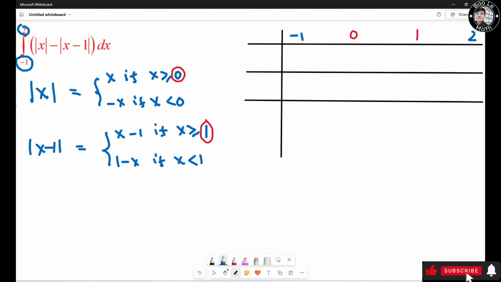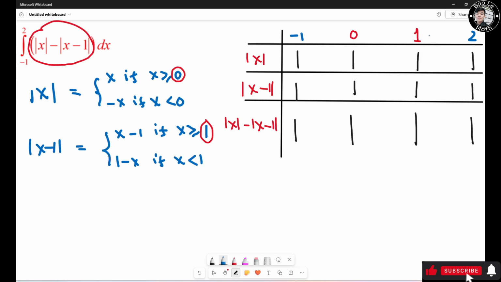The first expression is the absolute value of s, and the second one is the absolute value of s minus 1. Now draw the lines. We have three intervals: -1 to 0, 0 to 1, and 1 to 2.